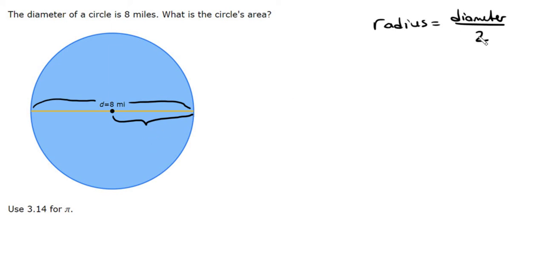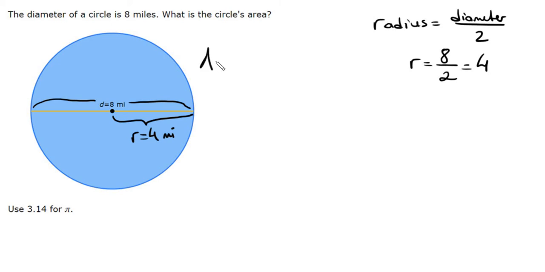So R is 8 divided by 2, which is 4. The diameter is 8 in this problem, so 8 over 2 is 4. So R is going to be 4.